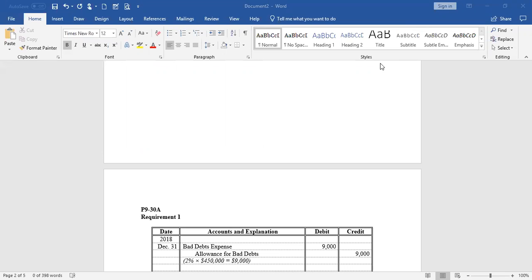And the major difference between the allowance method and the direct write-off method is the allowance method estimates bad debts in the year the sales occur, because bad debt expense is caused by sales on account. Any kind of expected bad debts should be recorded in the same year as the sale.